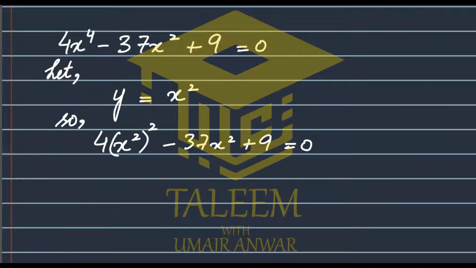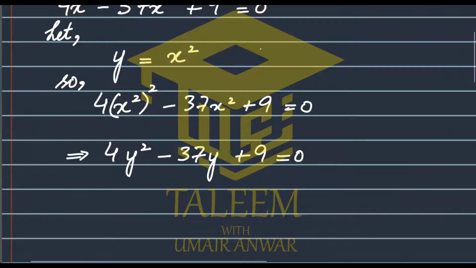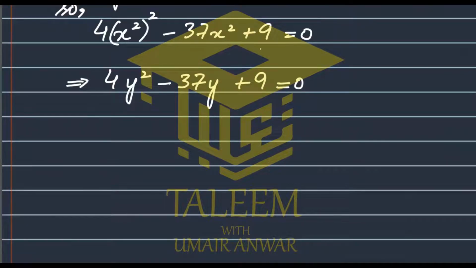The new form of this equation could be 4y squared, because x squared is replaced as y, and that square which was written on x squared would now be applied on y. And then we have minus 37y plus 9 is equal to 0. Now that complex equation has changed into a simple quadratic equation.